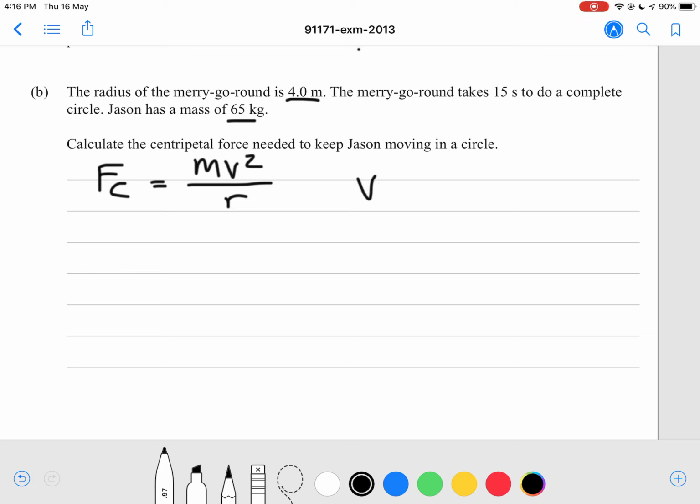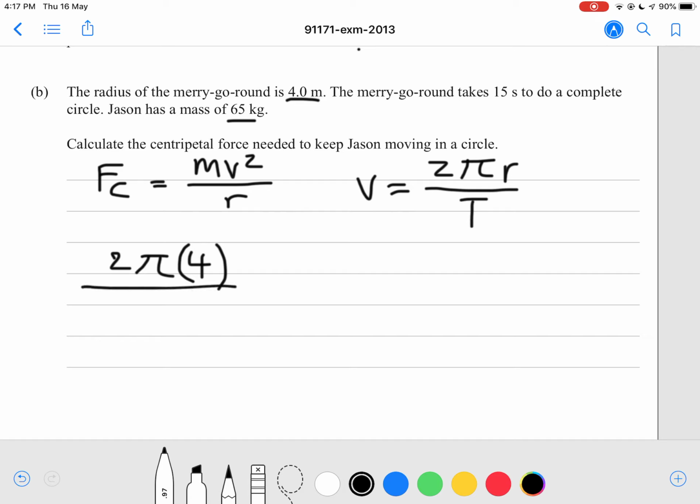Okay, so you know that velocity equals 2 pi r over t, where t is the period, so how long it takes to make one revolution, and 2 pi r is just the circumference of the circle. So we're going to say 2 times pi times 4, divided by the period.